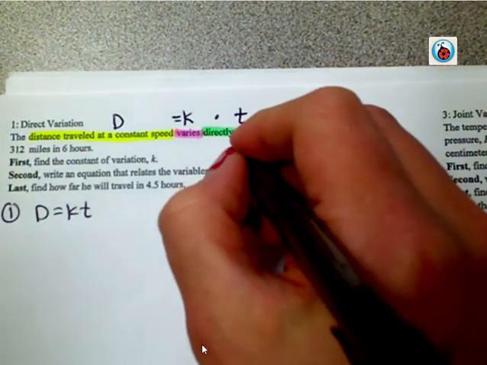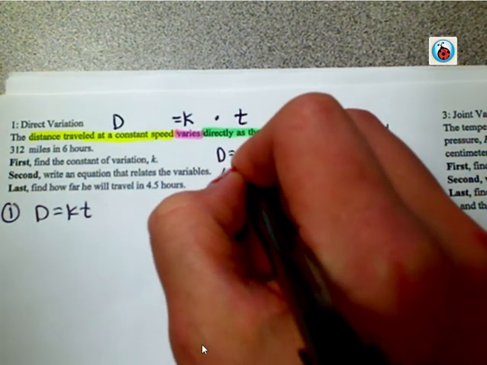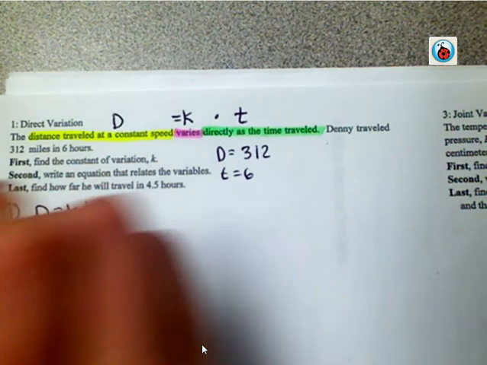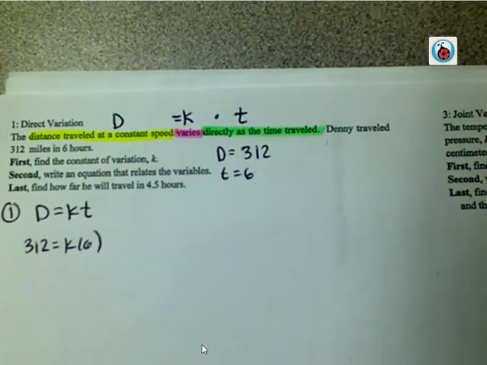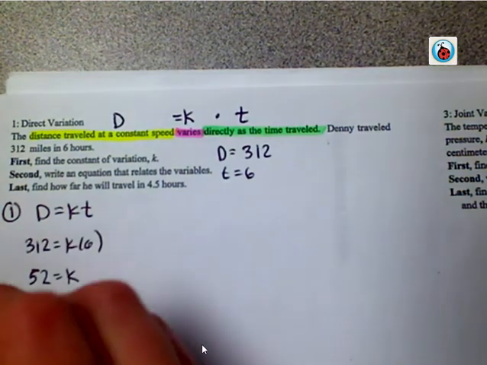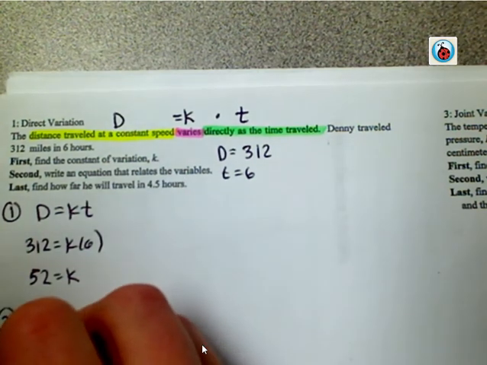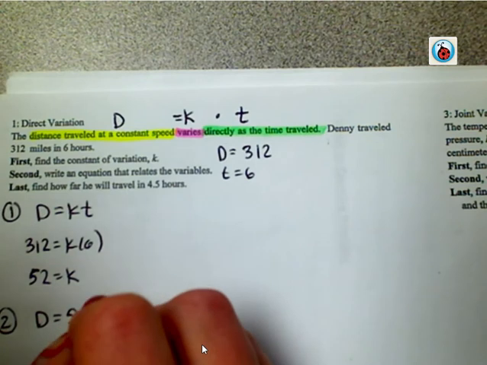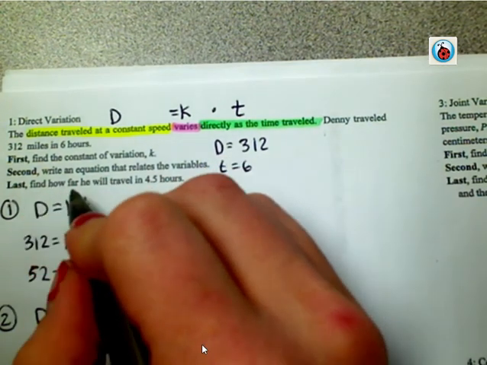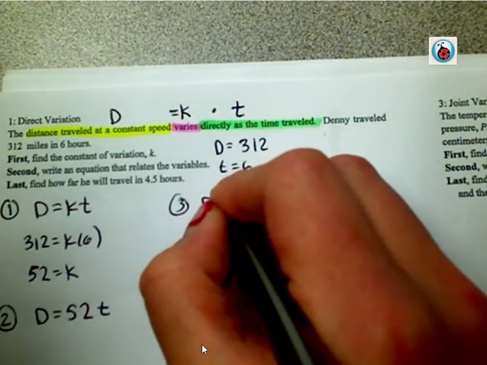Denny traveled 312 miles in 6 hours. Divide by 6. Okay, second, write the equation that relates the variables. Last, how far will he travel in 4.5 hours?